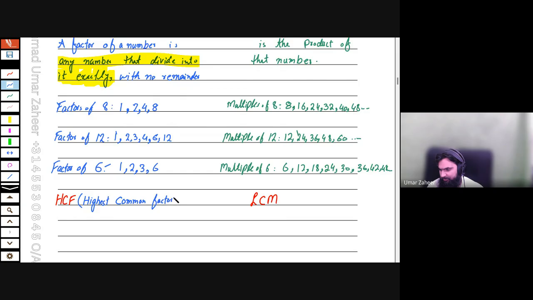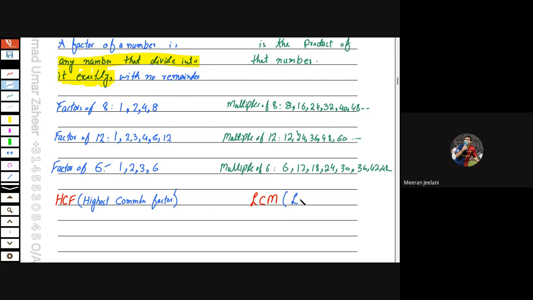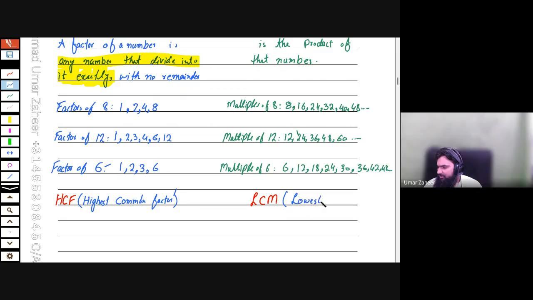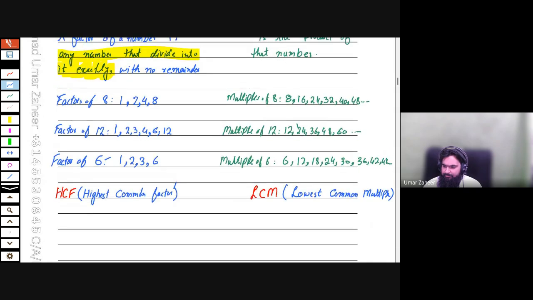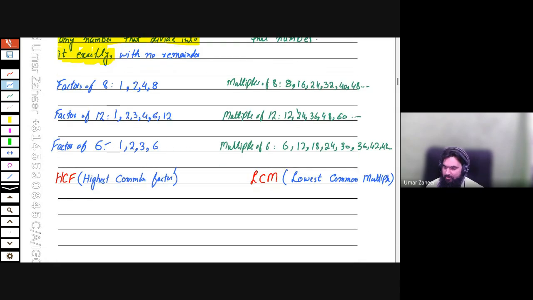On the other side, LCM is basically the lowest or least common multiple.